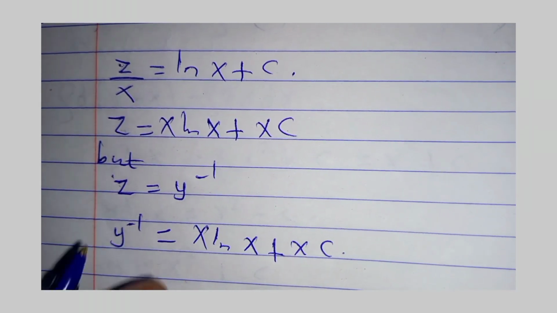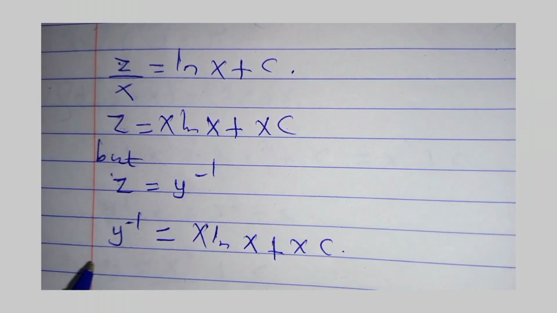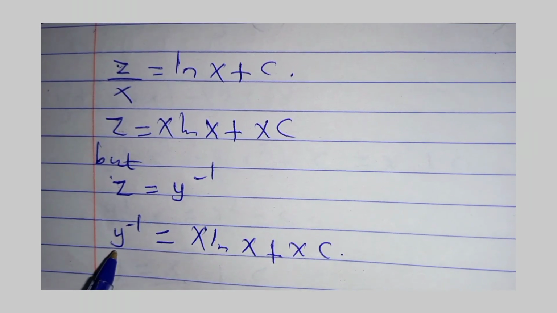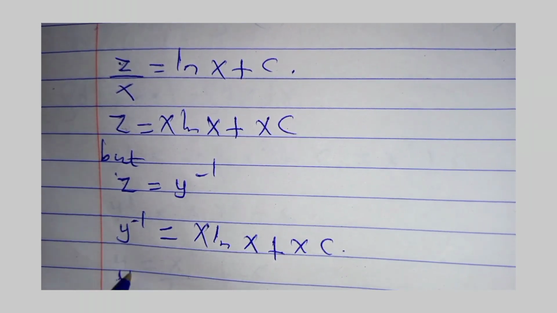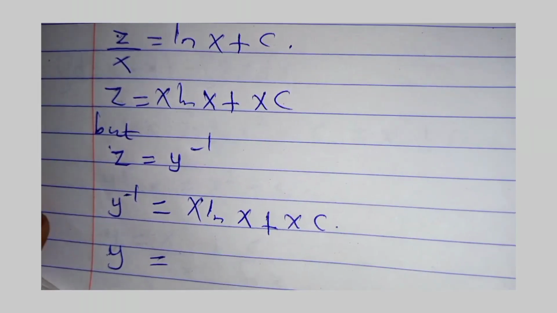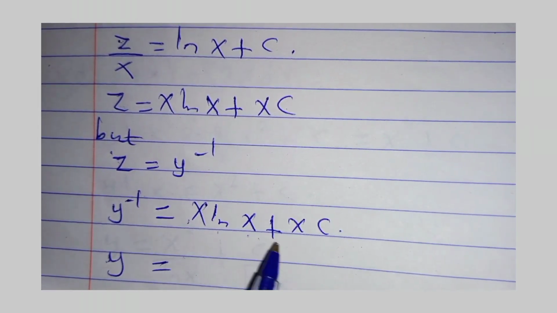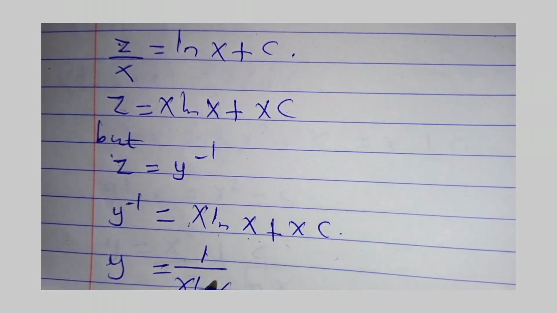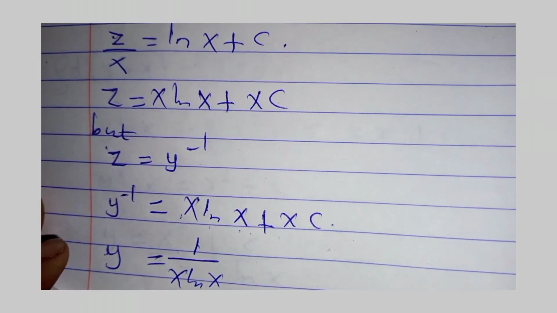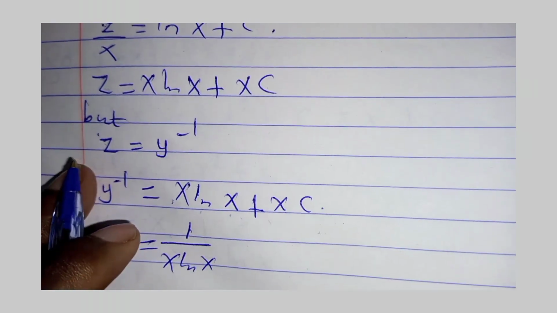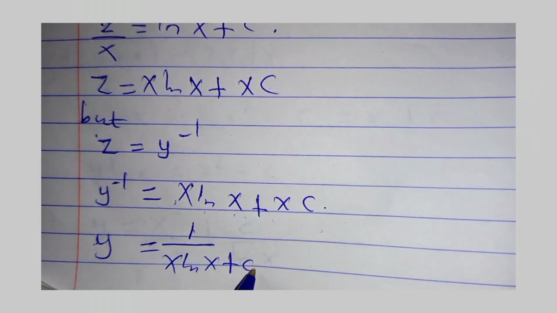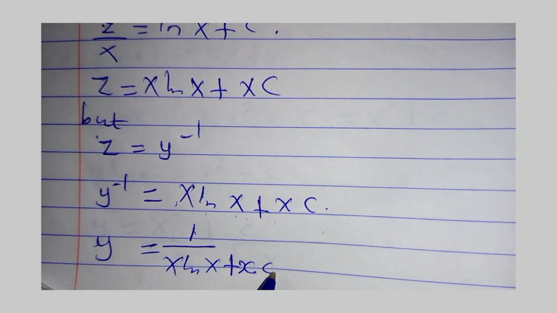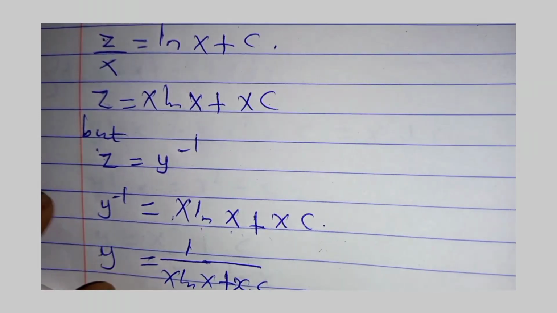We can take reciprocal on both sides. The reciprocal of y power -1 will be y. Reciprocal of x ln of x plus xc will give you 1 over x natural logarithm of x plus x multiplied by constant c. So that is our result.